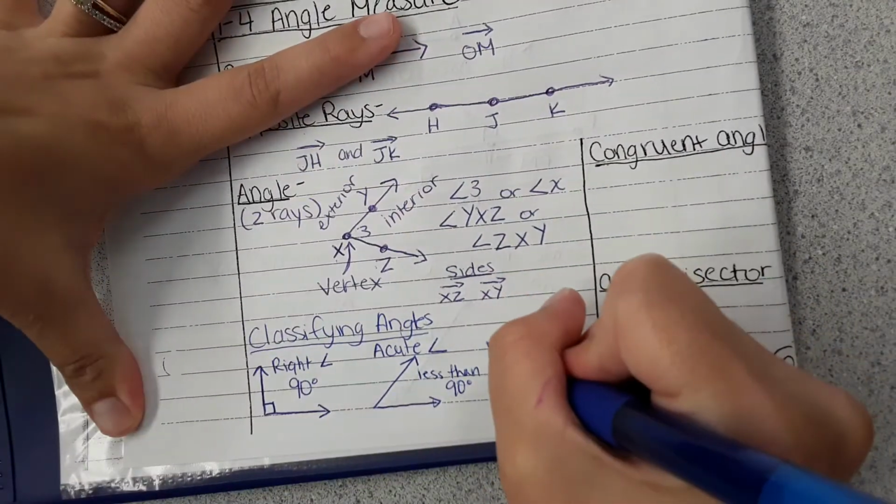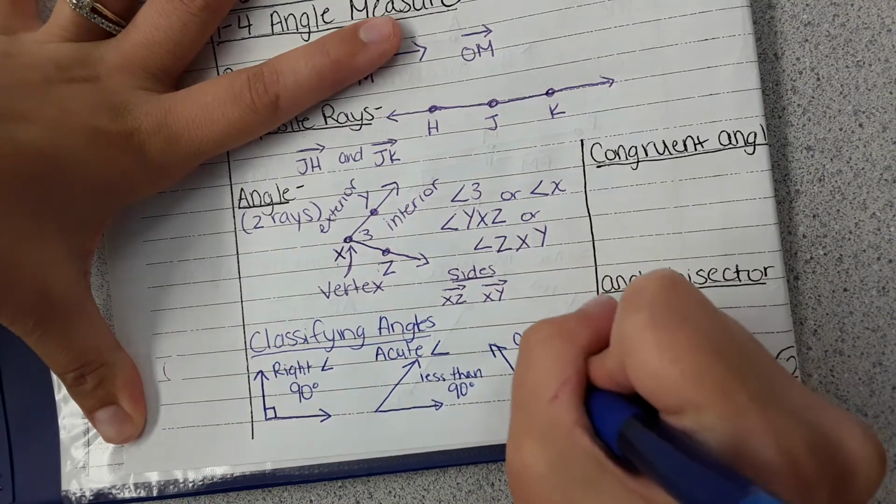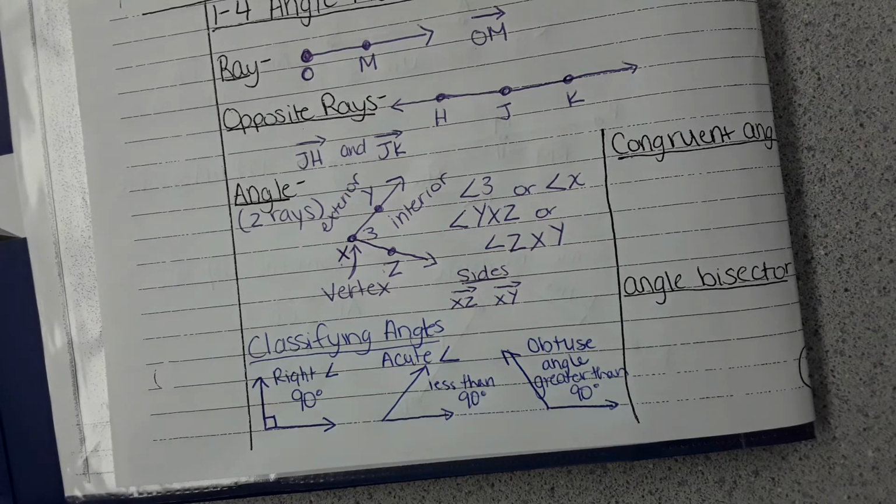An obtuse angle is greater than 90 degrees. The other one that comes up sometimes is a straight angle, and that's just like a straight line. It's 180 degrees.